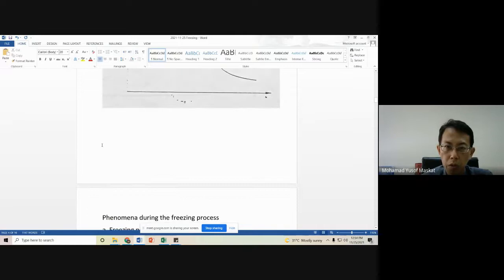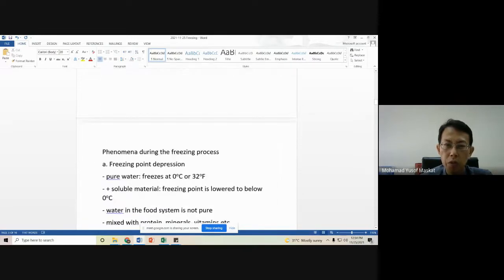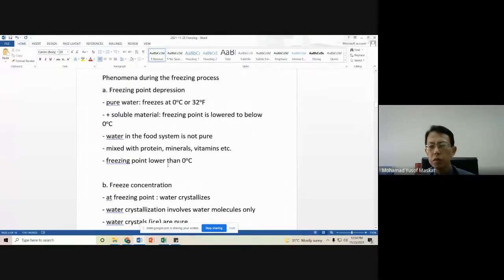This is for pure water. But in a food system, there are so many things: salts, glucose, sucrose, fructose, all of those solutes that are soluble in water. So it is not in pure form, and what happens is that the freezing point will be depressed. Depressed meaning that it will be reduced.